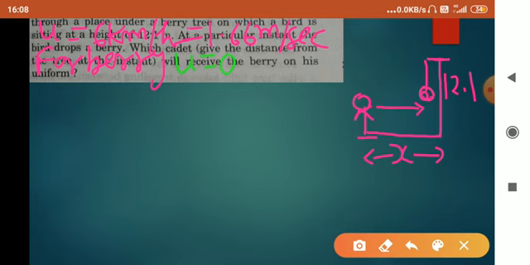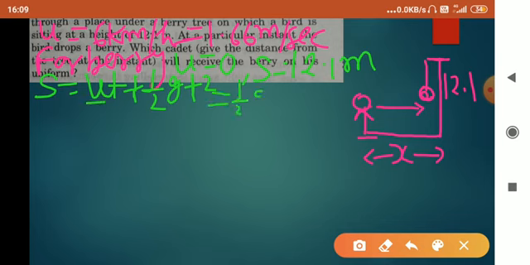And distance s is 12.1 meter. So apply the second equation of motion, which is s equal to ut plus half gt square. Here u is 0, so s is equal to half gt square.